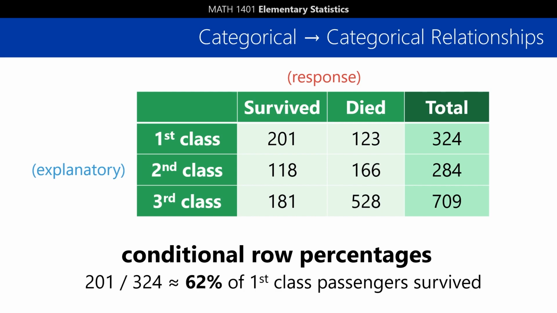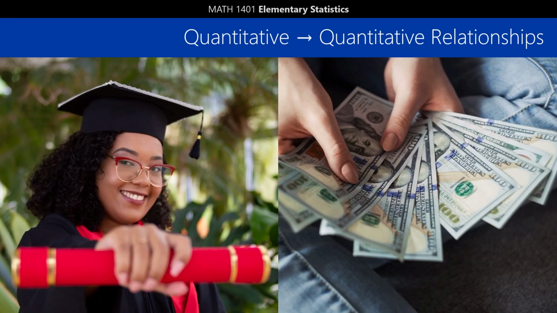We could also calculate conditional column percentages if we wanted instead, to determine what percentages of those who died came from each class. Try calculating some of the other conditional percentages yourself, and see what conclusions you might draw. Finally, let's look at quantitative relationships.